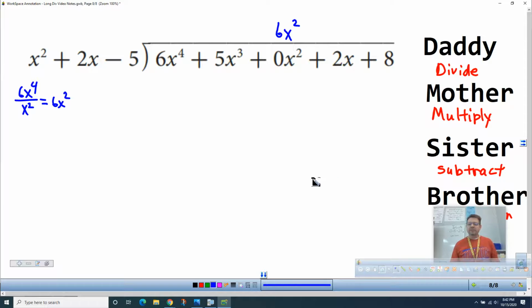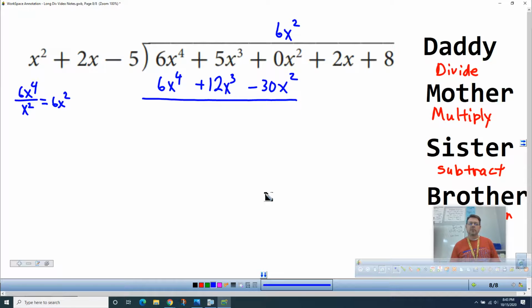You don't always have to put zeros in things, but we do a lot of that in our examples, so you get familiar with it. Multiply 6x to the fourth, 12x to the third, negative 30x squared. So that's our multiply.